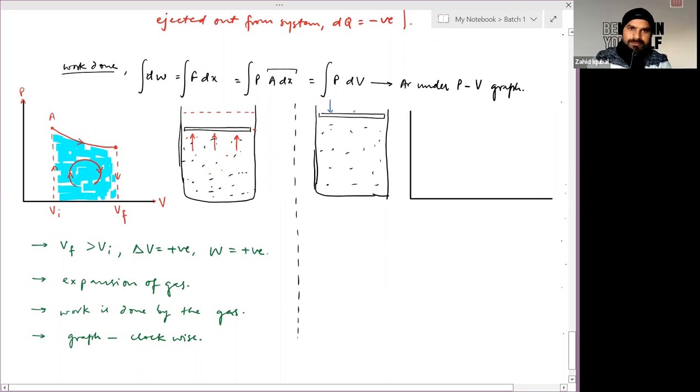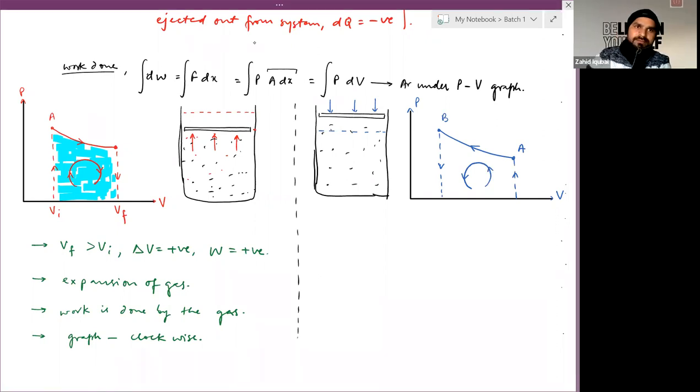So from outside, if pressure is applied on this piston to compress it, to change its volume finally to this point from some initial larger volume, the pressure versus volume variation for this process will be like this, from some point A along this path to reach this point B. So if you extend this particular direction of arrow, you will get a curve in anti-clockwise direction like this.